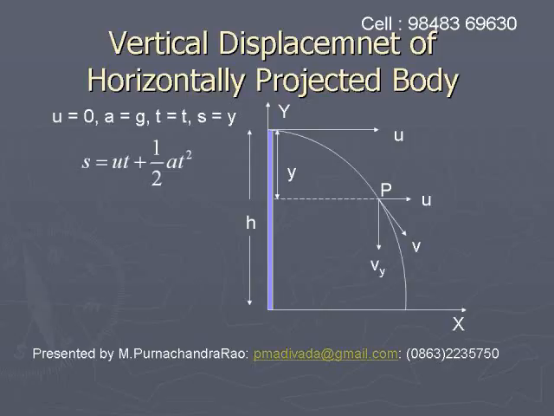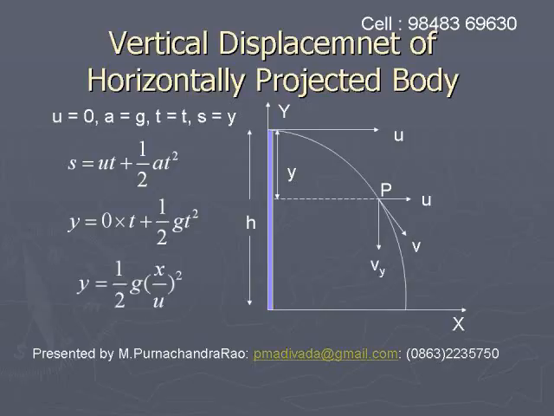Substituting these values in the relation s = ut + ½at², we get y = 0 × t + ½gt², or y = ½gt². By substituting the value of t = x/u, we get y = ½g(x/u)².